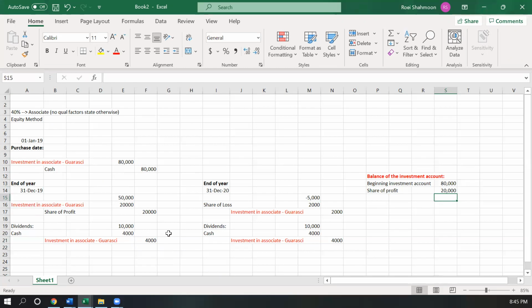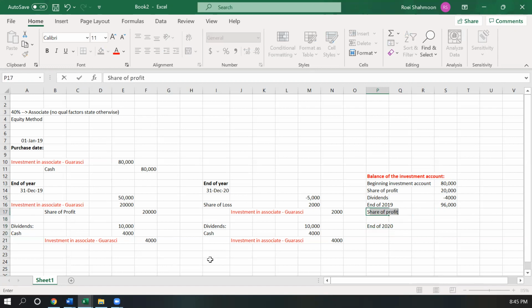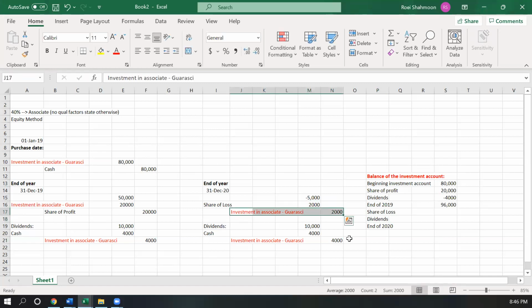We also have dividends. Dividends, or you can call it share of dividend. And you can see it's a credit now, so it will be minus 4,000. And you can do here end of 2019. Add that all together, and we get 96,000. So now I want to get end of 2020. So what am I missing here? I'm missing the share of loss and the dividends, which are 1 and 2.